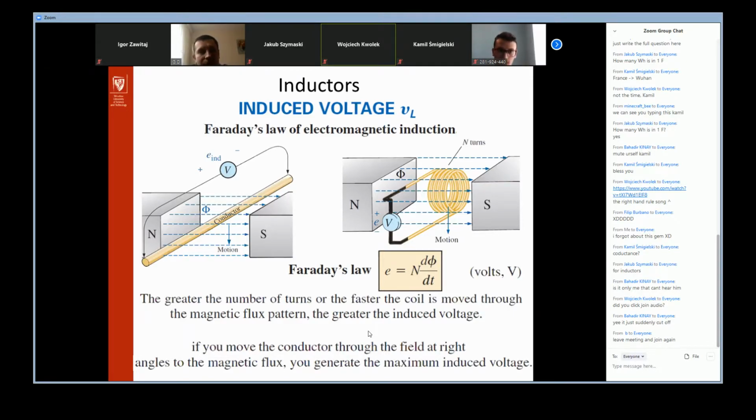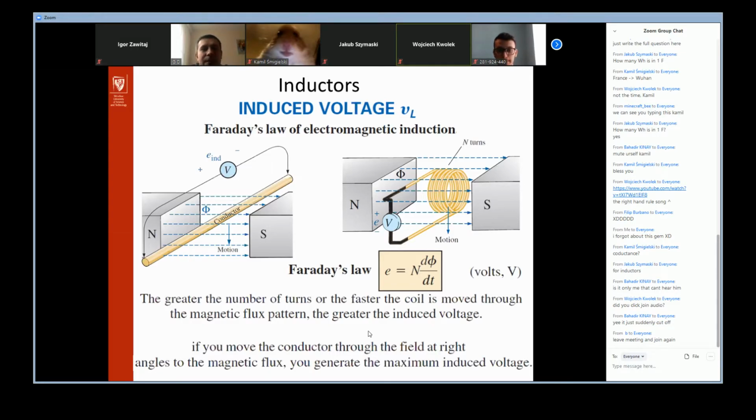The next thing. We know that if you have some conductors, some coil which is placed inside a magnetic field, it is possible to produce some induced voltage across the coil.